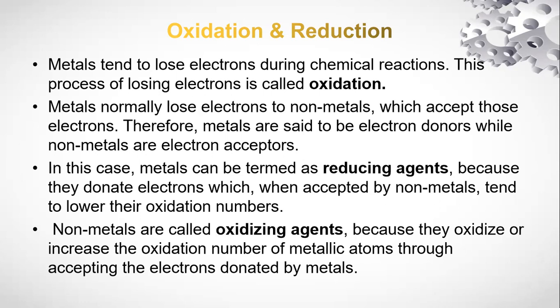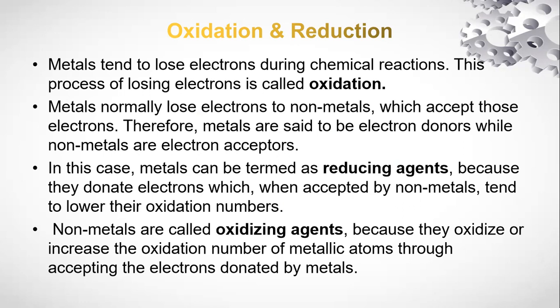In this case, you can term metals, the ones that lose electrons to non-metals, as reducing agents, because they donate the electrons to the non-metals, which are the recipients or acceptors.